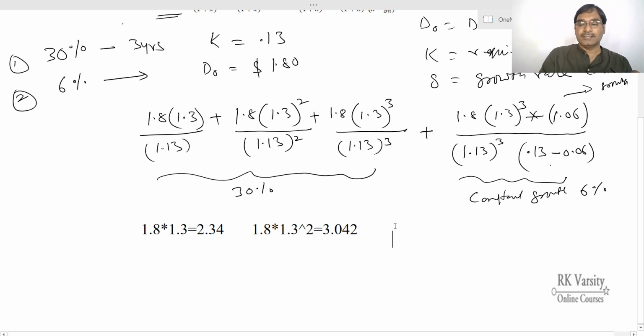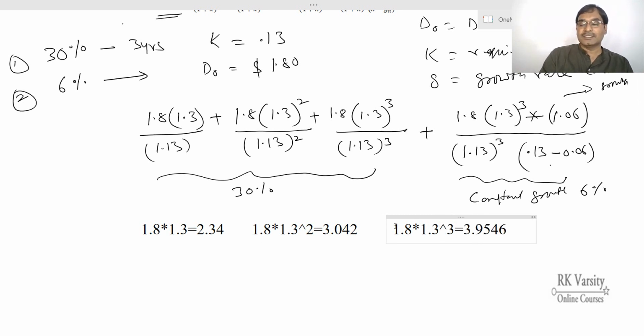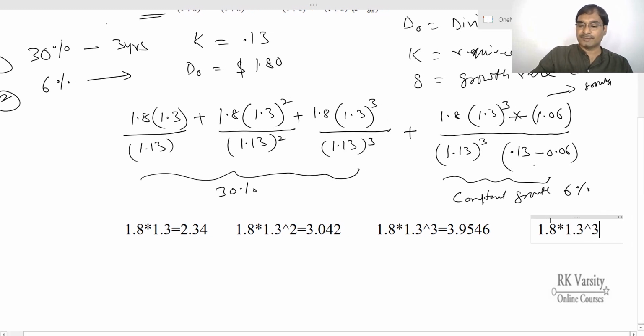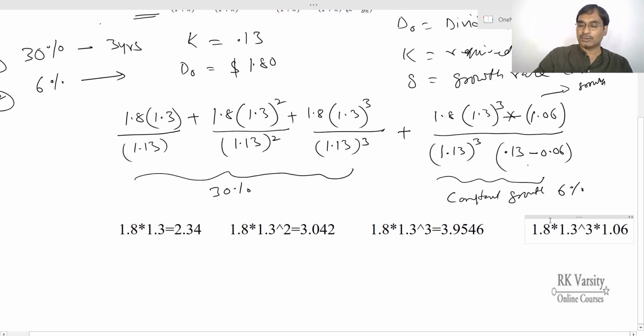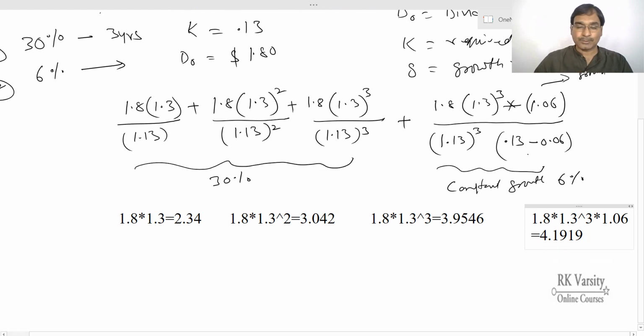Then your third year, $1.8 times 1.3 raised to the power of 3. So this is the third dividend, and for the constant rate, this is 1.8 times 1.3 raised to the power of 3 times the constant growth rate, that is 1.06. So this is 4.19 or 4.20.